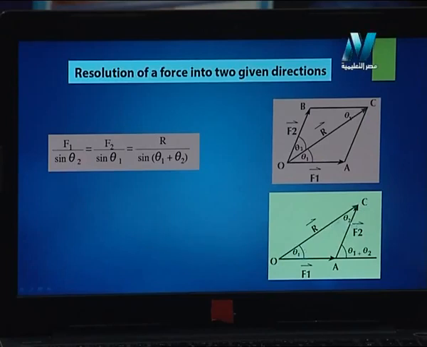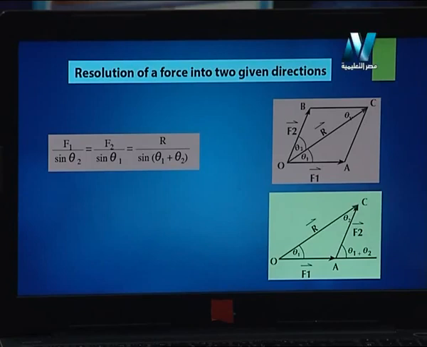Why does theta 2 here equal theta 2 here? Because of alternate angles. BO is parallel to CA, so measure angle BOC equals measure angle OCA, alternate. So we can put theta 2 here, and we have already theta 1 here, and we have the sum of them, because this angle is the exterior angle of the triangle, so it equals the sum of theta 1 and theta 2.